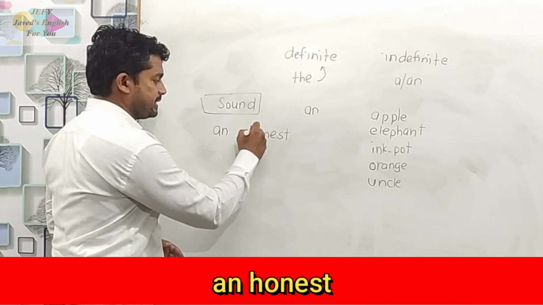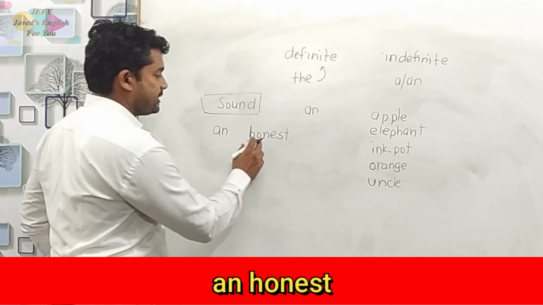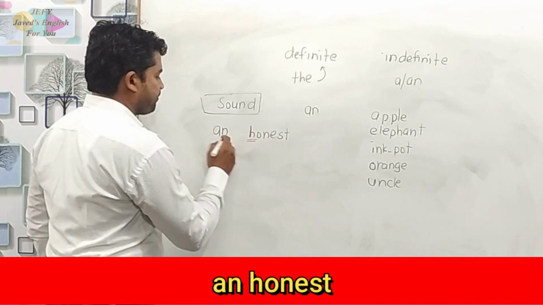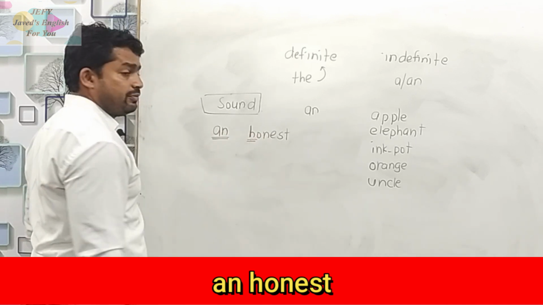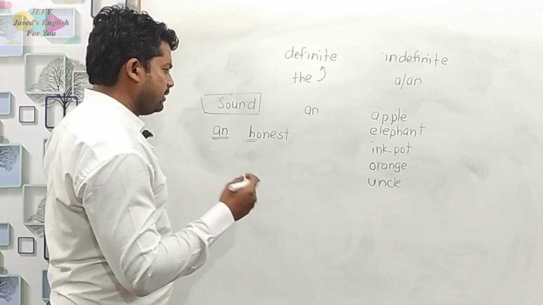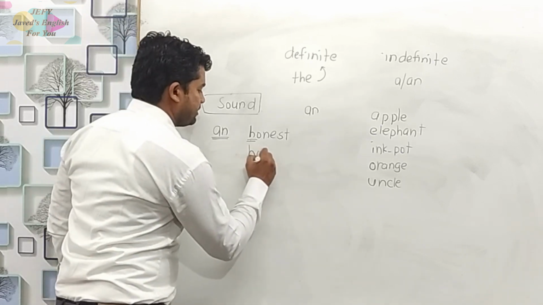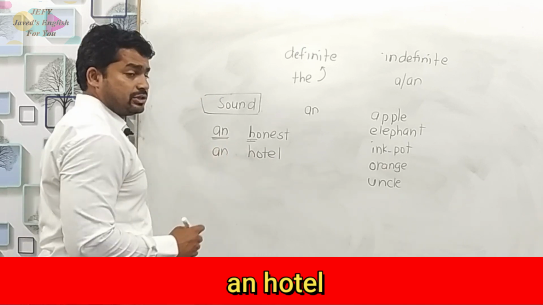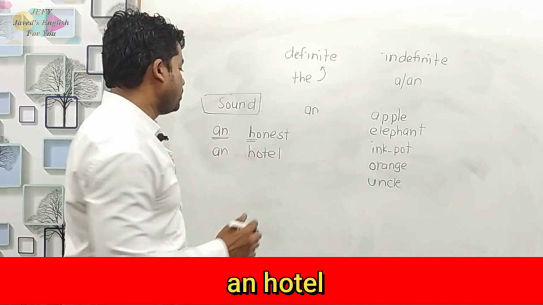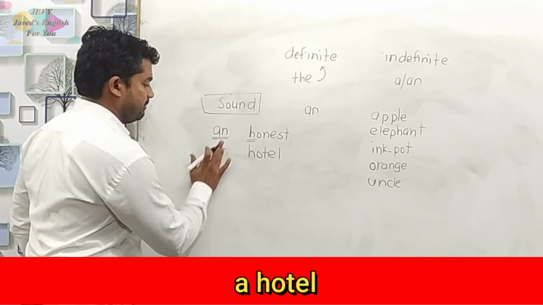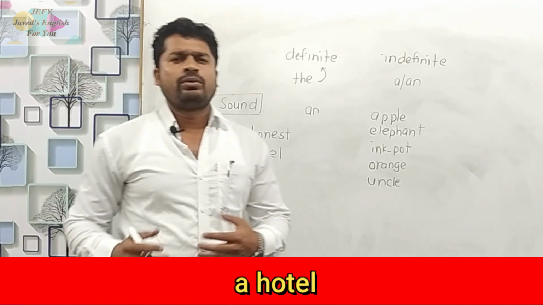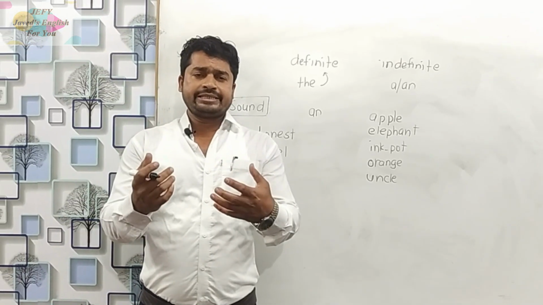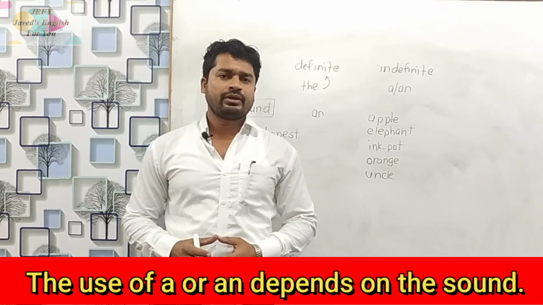We are not pronouncing it. We skip it. We say onest. So the article used will be an. In the same way, if a person says hotel with a silent H, an will be used, and if a person says hotel with the H sound, then a will be used. What I want to focus on is that it depends on the sound.